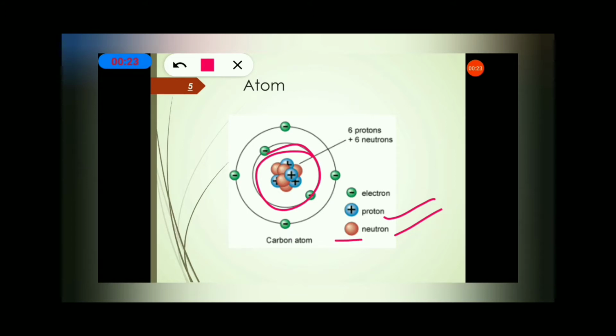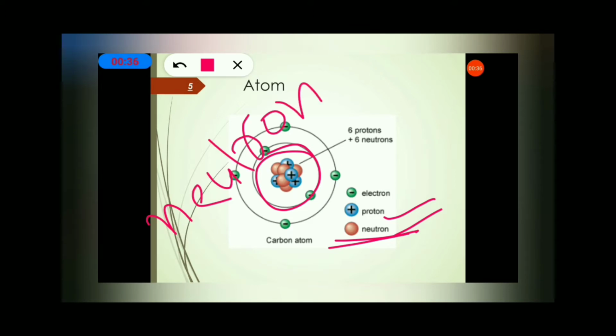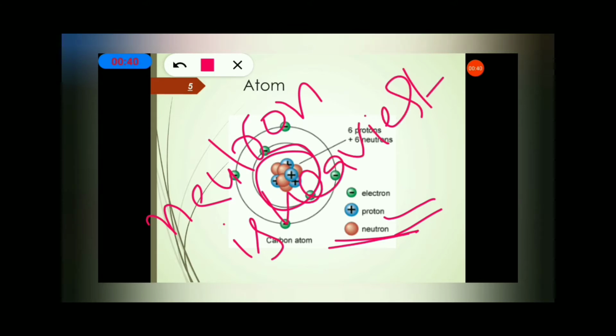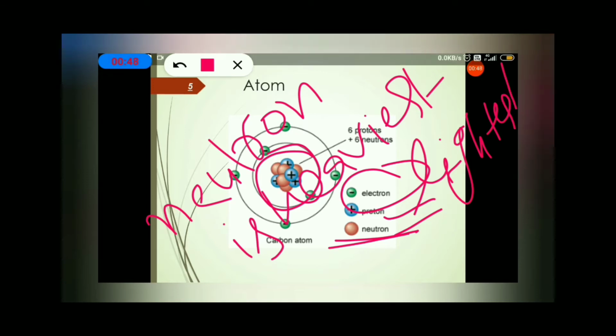But if you see, the mass of the neutron is more, or we can say the neutron is the heaviest particle of an atom, and the lightest particle is the electron. Clear?